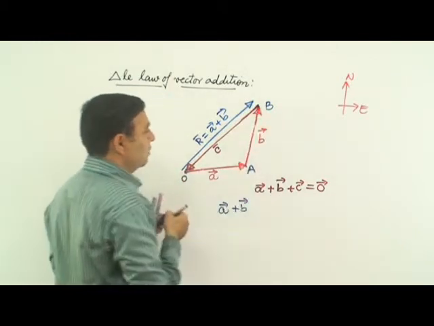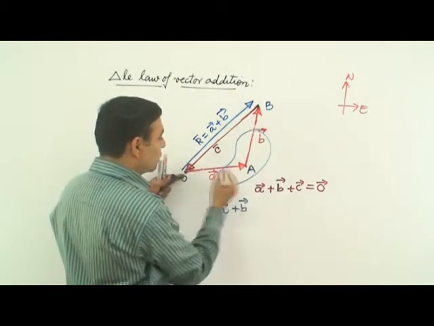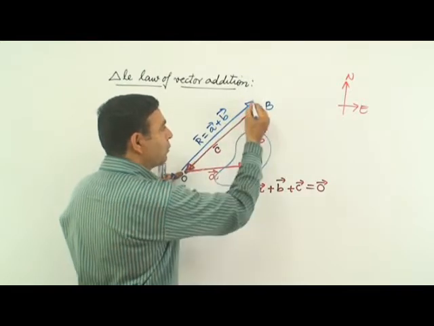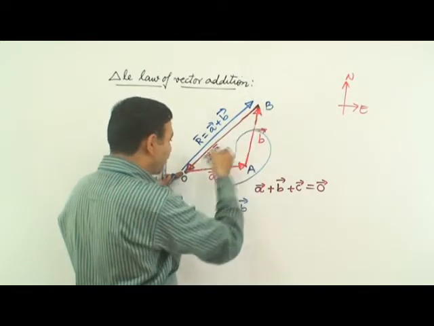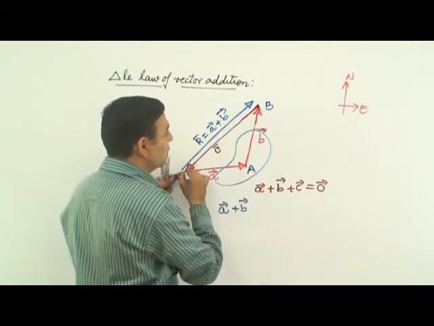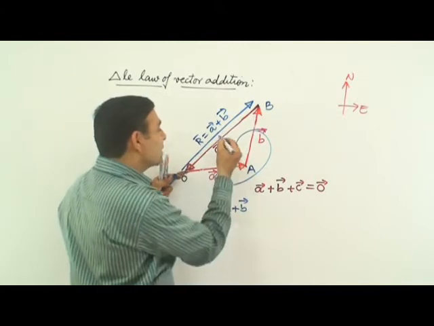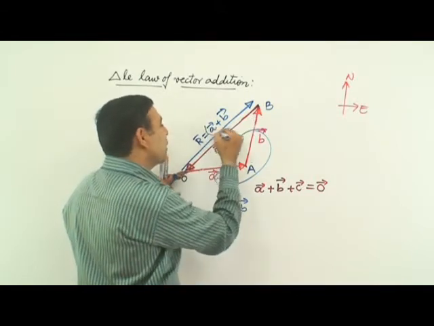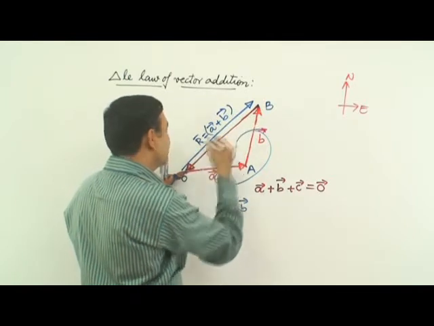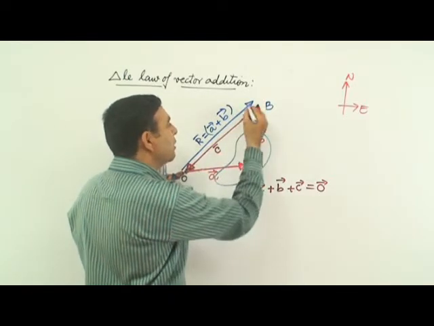That means if you travel this much and this much, how far are you from your residence? This far. But now you are coming back this far, and you are back to your residence. So the resultant is 0. In fact, C is the negative vector of A plus B. This is A plus B, blue colored, and C is the negative of that.